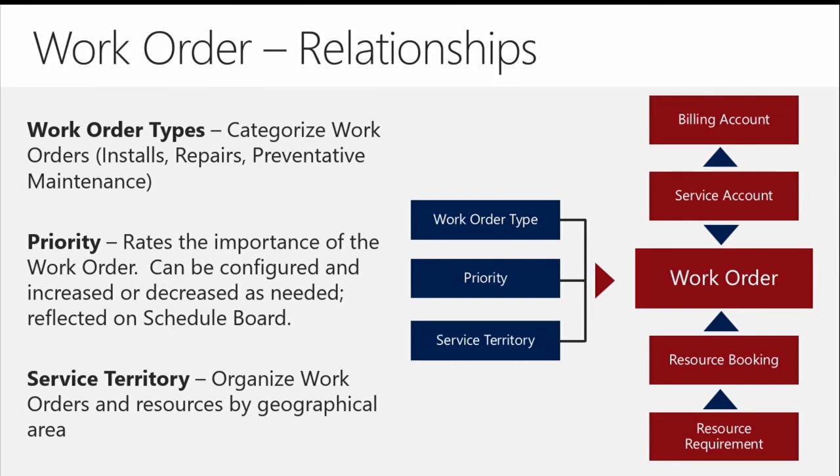Should we try to move it up in the tree to make sure that it's scheduled sooner over other items? Or is it something that's a lower priority that we potentially could move back? So if you had an emergency situation where maybe a system was down and we needed to dispatch somebody, you might designate that priority as a high priority or a 10, and that's going to take precedence over something that's maybe a lower priority or a 1 inside the system.